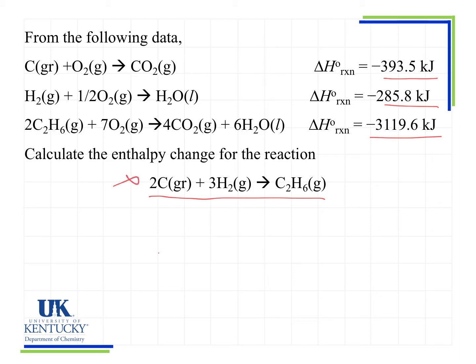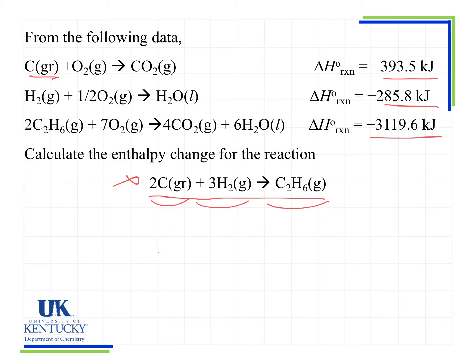Okay, so you go one by one through these compounds that you have in your reaction, and check back in these top 3 reactions and see where you can find them. Okay, the first one is carbon, and the phase is GR, that stands for graphite. So carbon graphite, where can you find C graphite in the top 3 reactions, 1, 2, or 3? So you see it in the first reaction.